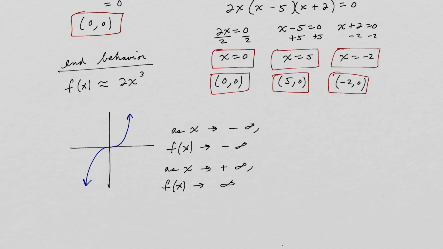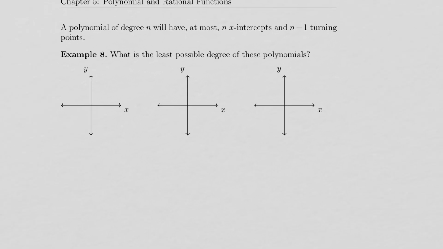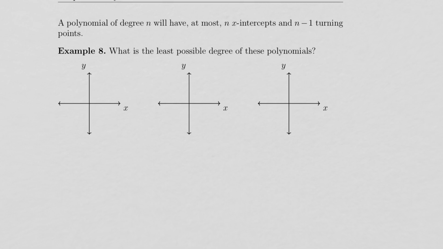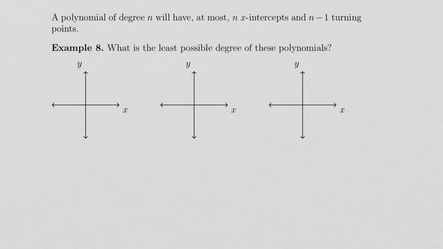Okay, and then one last thing about the graphs of polynomials in general. I'll review here. A polynomial of degree n will have at most n x-intercepts and n minus 1 turning points.